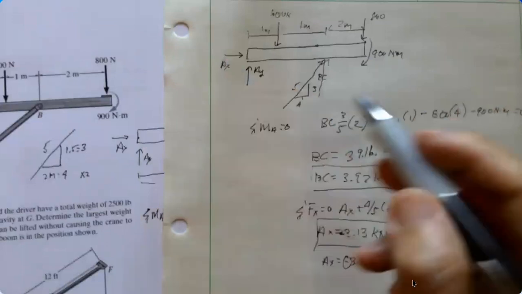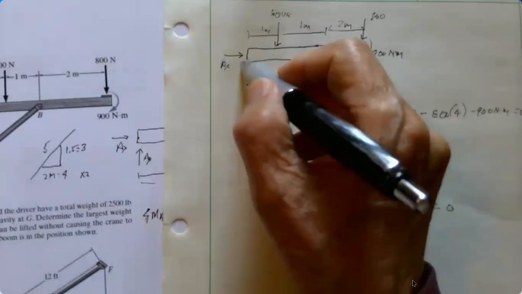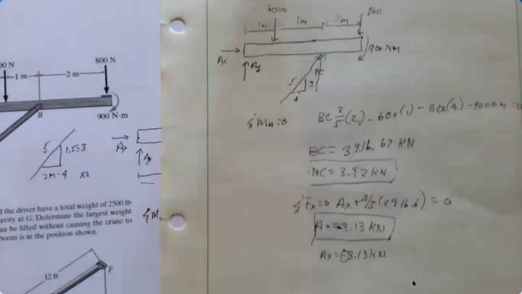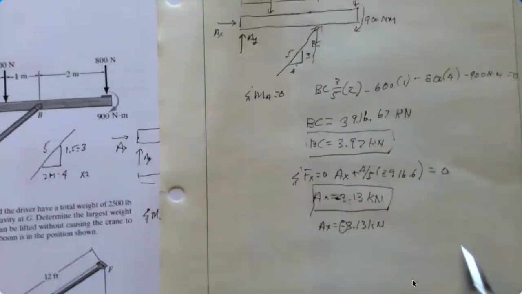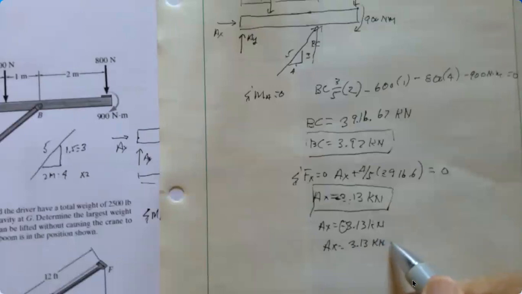The direction is actually in the negative direction. So what I'm going to do is write this. I would write the answer as A sub x is 3.13 kilonewtons, and then I'm going to show the arrow going in the correct direction.